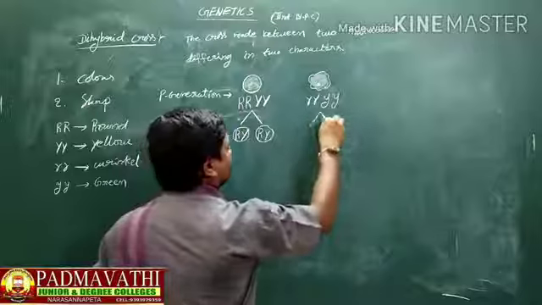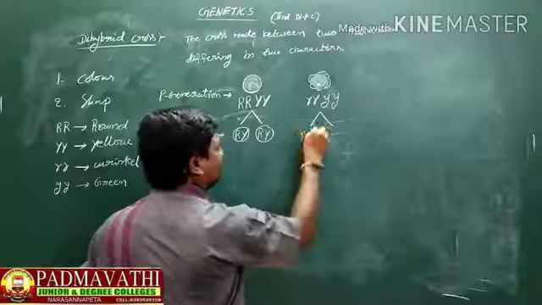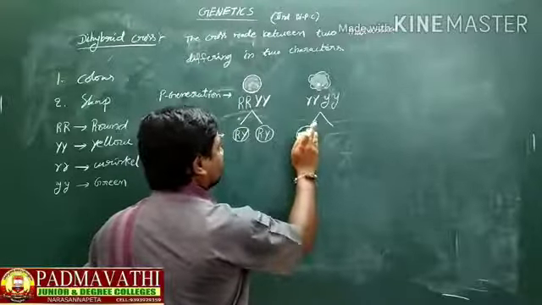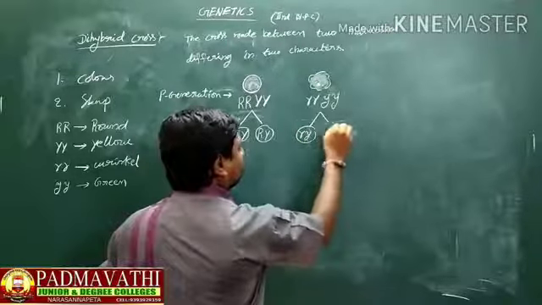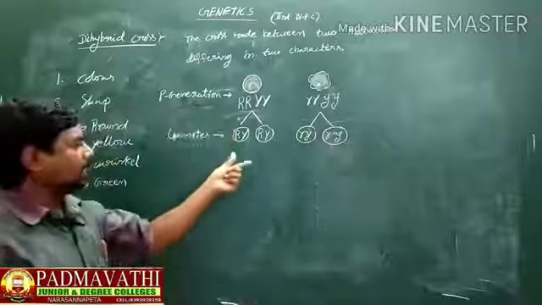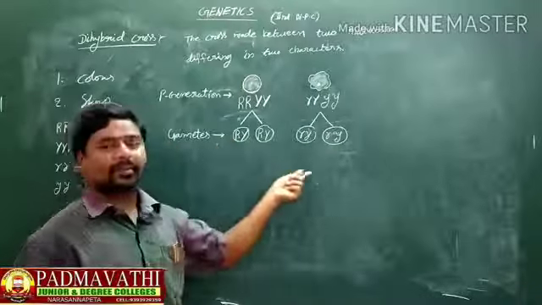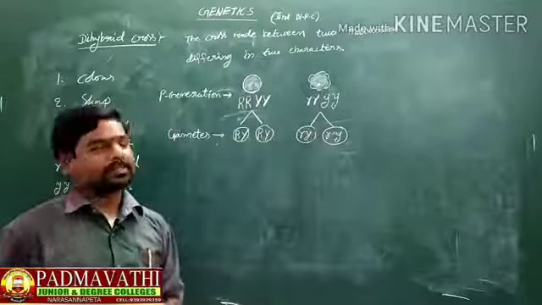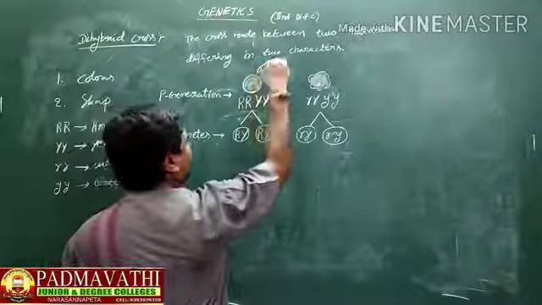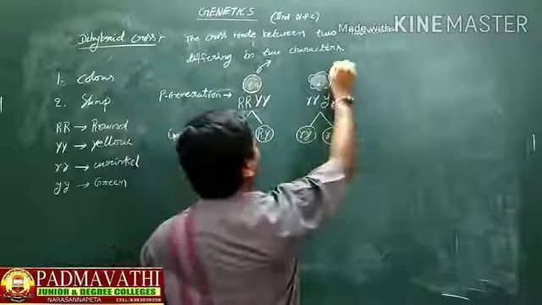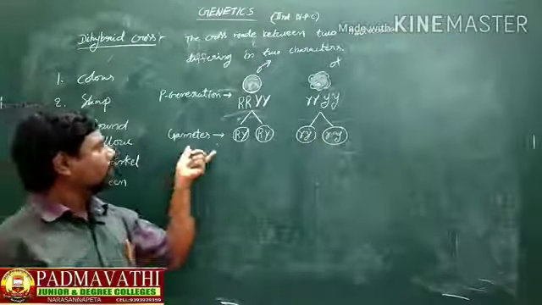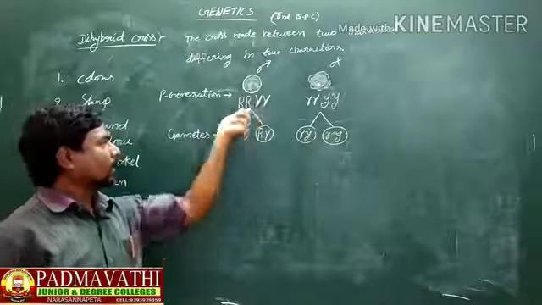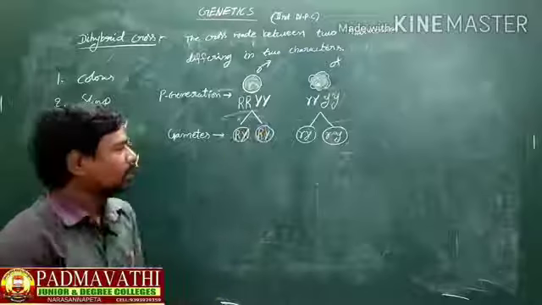Here small r small y and small r small y. So four gametes are produced from the parents. We said that one is male and another one is female. Here big R, big Y and big R, big Y.